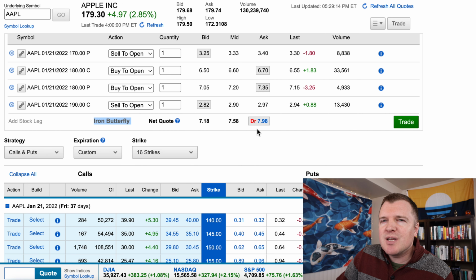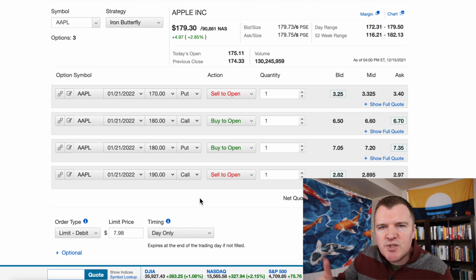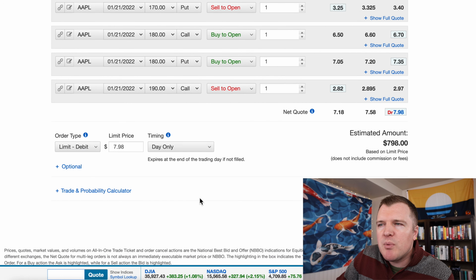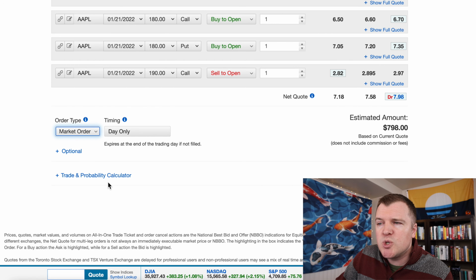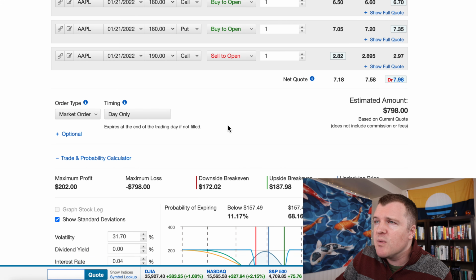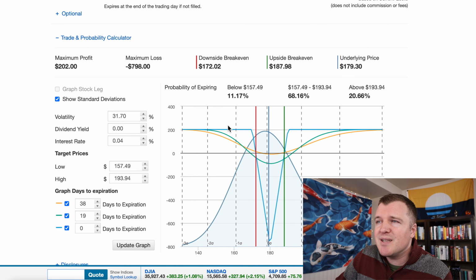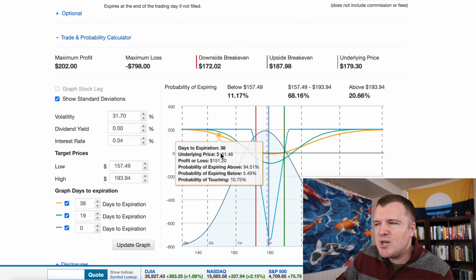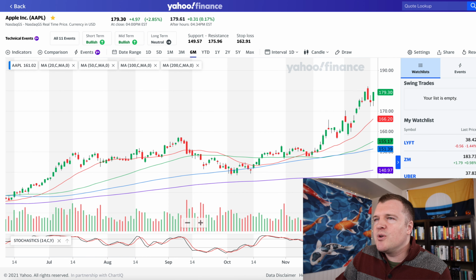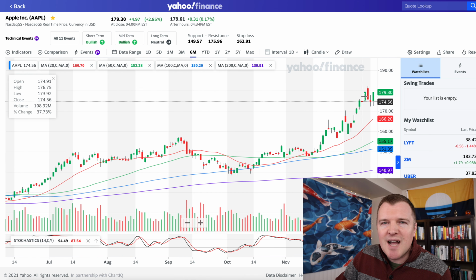Okay, well, how much can I make on this? So here's the main trade page, and let's do a couple things here. Let's switch this to market order, and then we'll go down to trade and probability calculator. So Schwab shows me exactly what is my max loss if I get into this position, and it's $798, kind of a lot. And what's my max profit? $202. Doesn't seem like a good ratio, but once again, you're betting that the share price is not going to stay put.